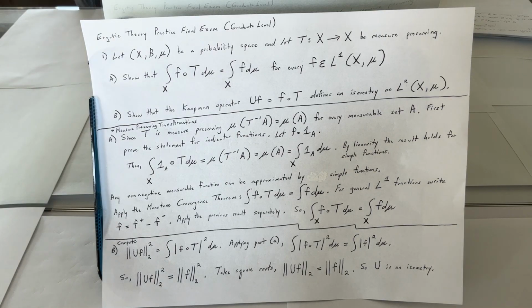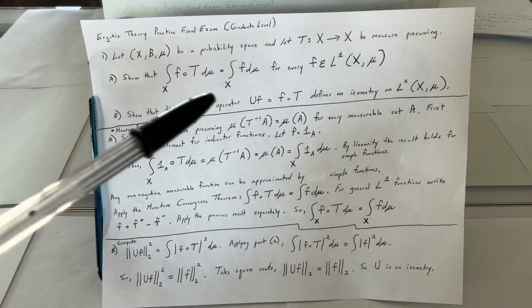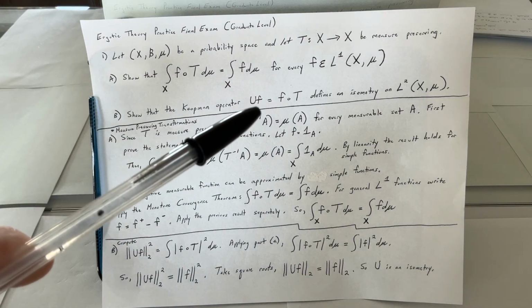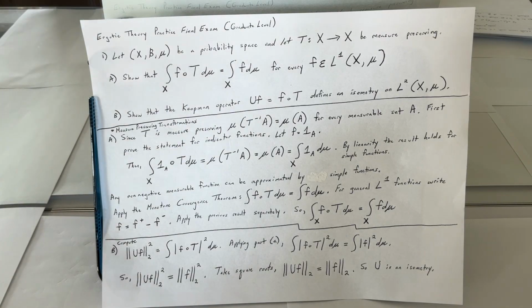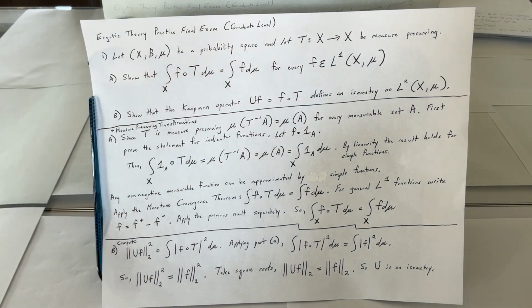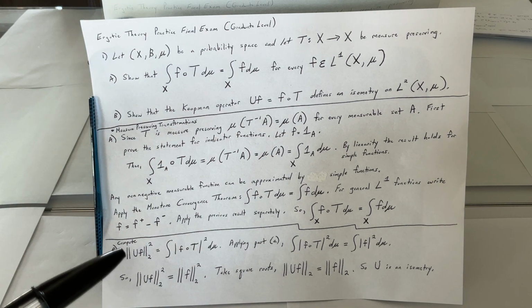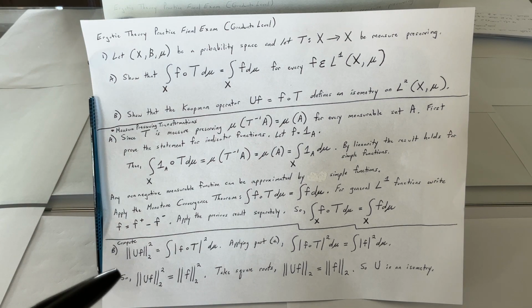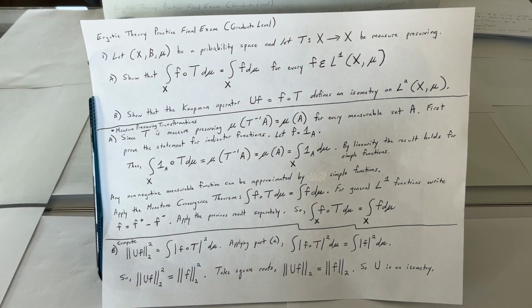Part B, show the Koopman operator, Uf equals f composed with T, defines an isometry on L2(X, mu). Okay. So what we do here is we compute the norm of Uf squared.